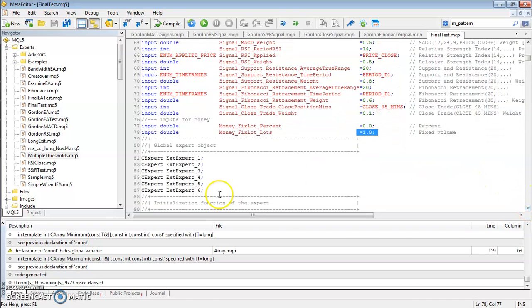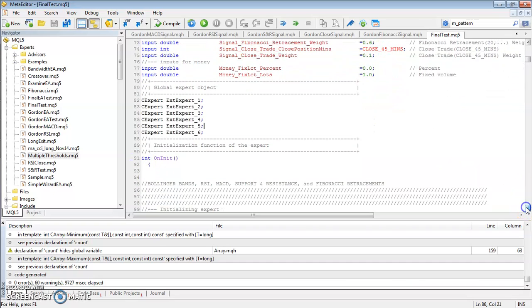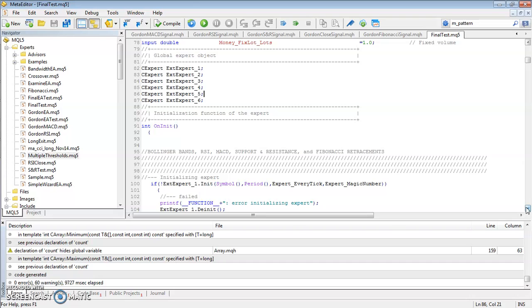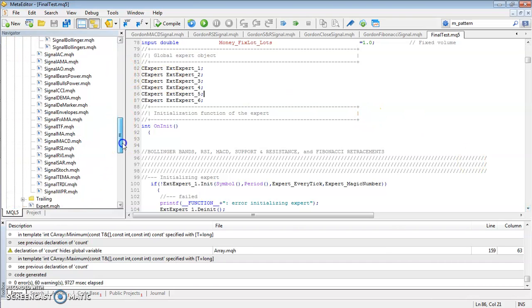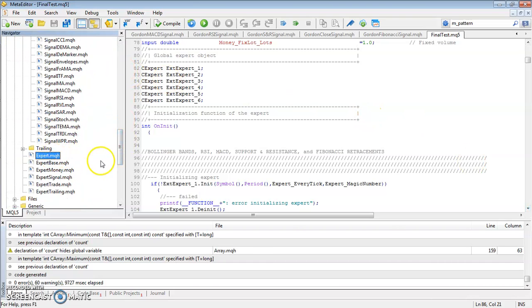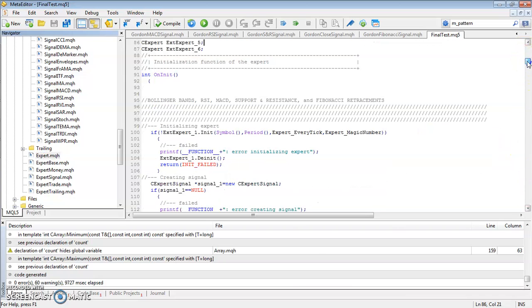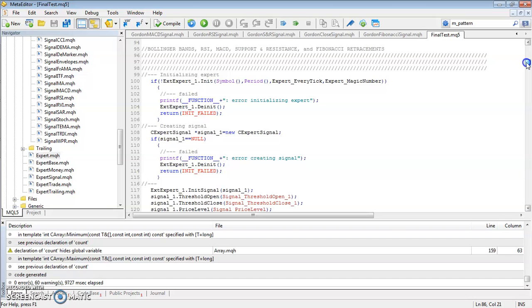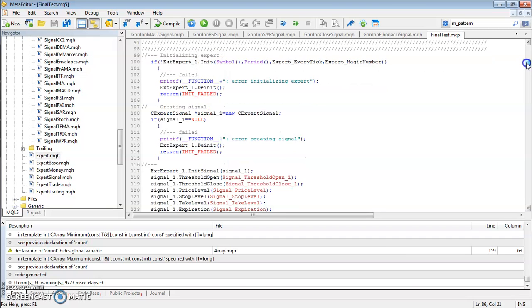So here we've created the 6 separate calls to the expert module that are right here. And so we have pretty much the logic.